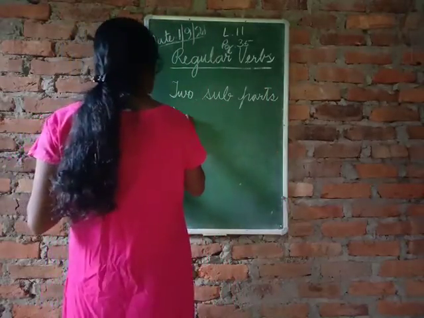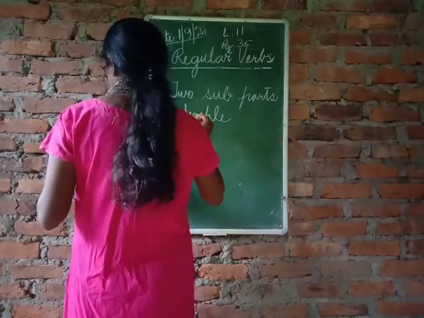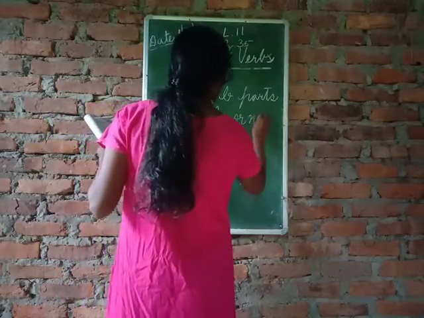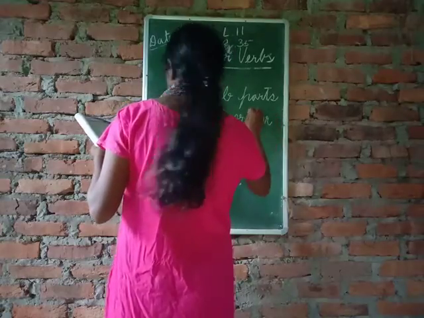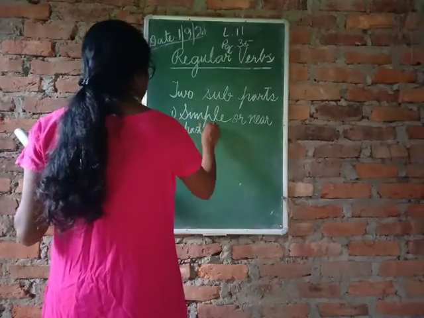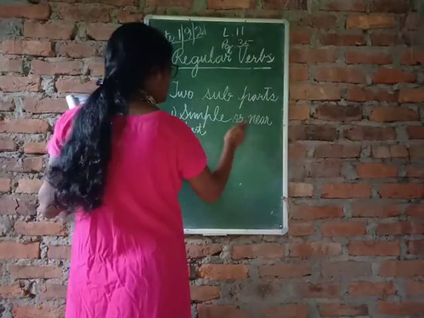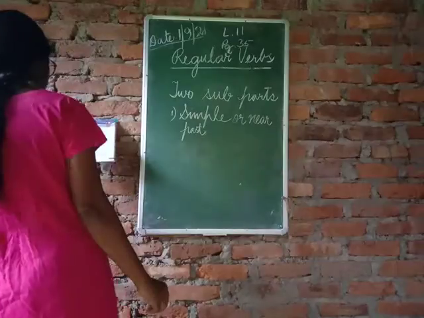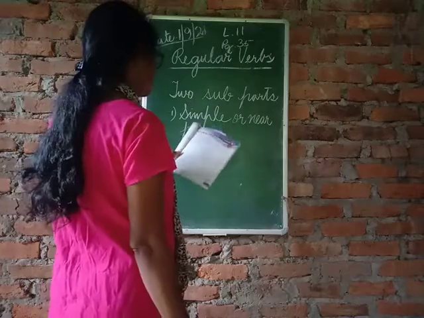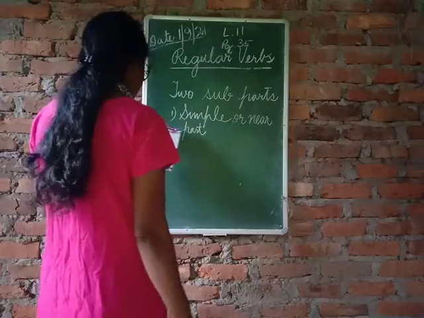One is simple or near past. Simple, you know, simple or near, ওচৰৰ past. Simple or near past. Simple means সাধাৰণ আৰু ওচৰৰ, near.